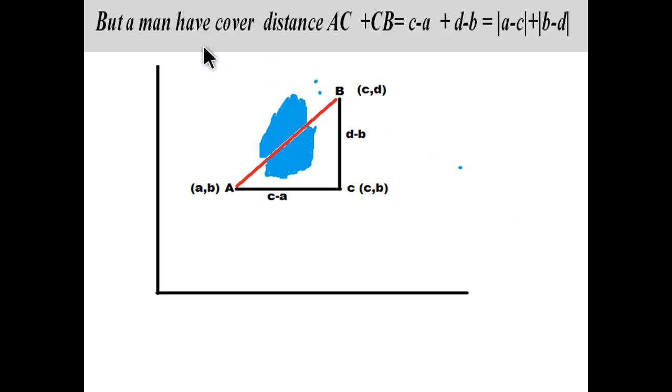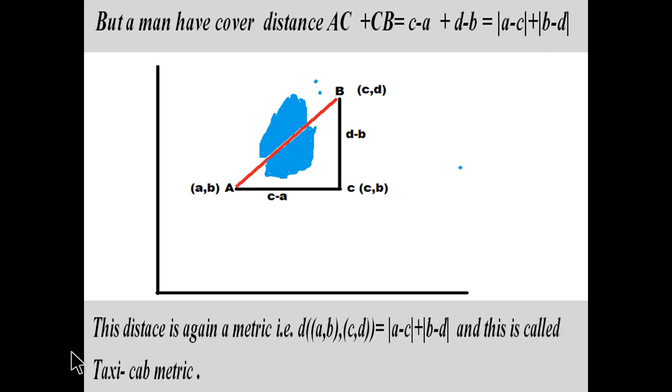But a man has to cover the distance AC plus CB, that is C minus A plus D minus B. We can write it as mod of A minus C plus mod of B minus D. This distance is again a metric. The distance between (A,B) and (C,D) in case of a human being is mod of A minus C plus mod of B minus D, and this is called the taxi cab metric.